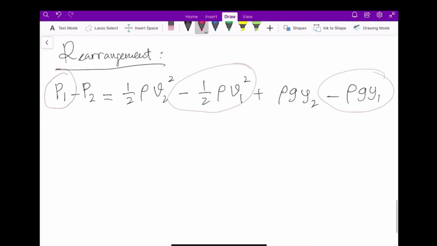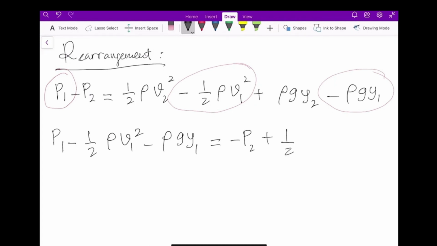We can move to the left. P1 minus rho V1 square, rho G Y1, will be equal to negative P2. And then we have a plus rho V2 square, and then plus rho G Y2. Am I right here?